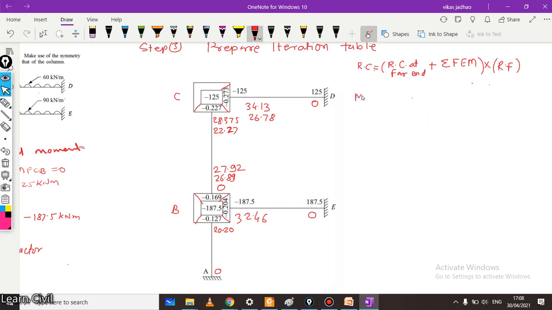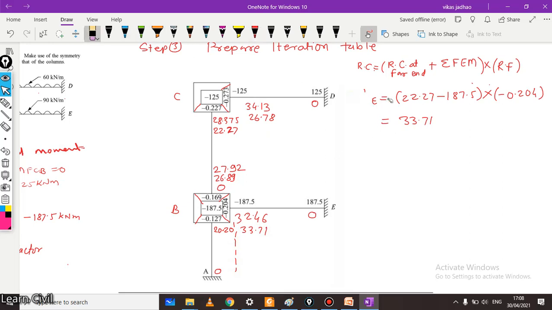For member BE, M dash BE is equal to rotation contribution at far end, we know this 22.27, so 22.27 plus fixed end moment at B, that is minus 187.5, multiplied with rotation factor of minus 0.204. So this will be equal to 33.71. Just write down this value here, 33.71.